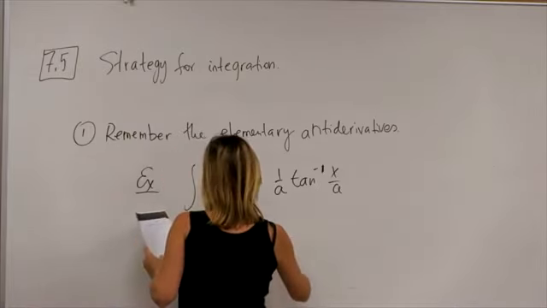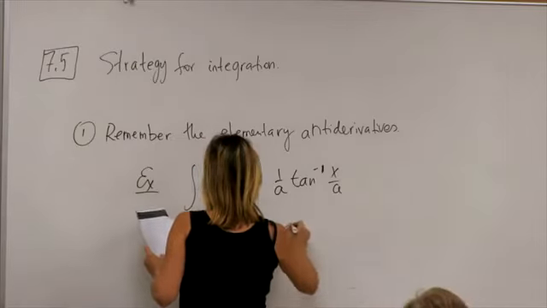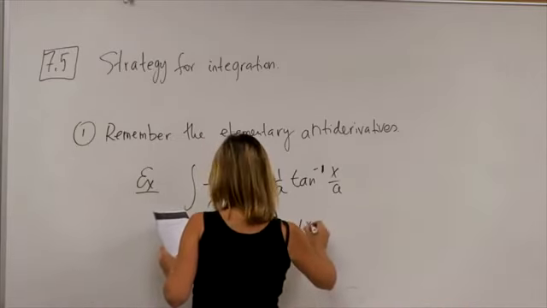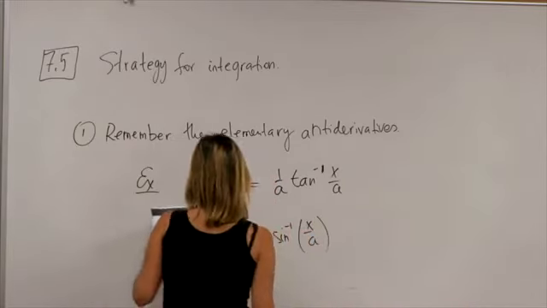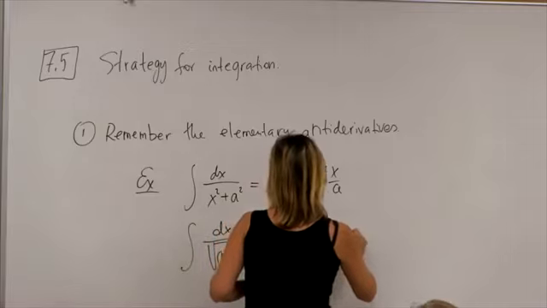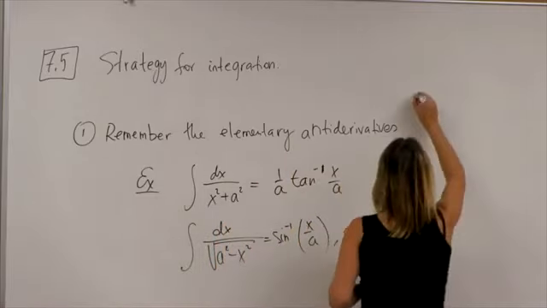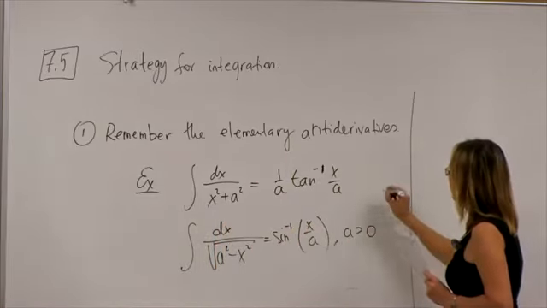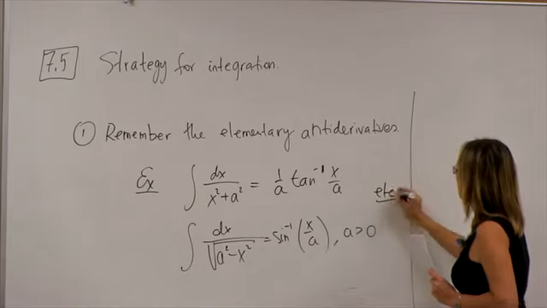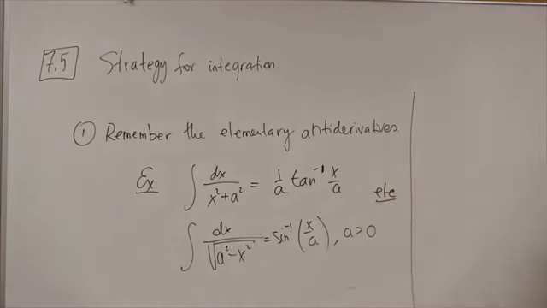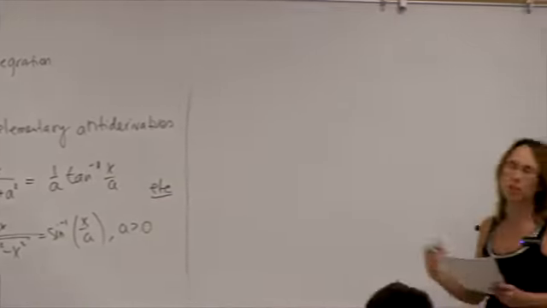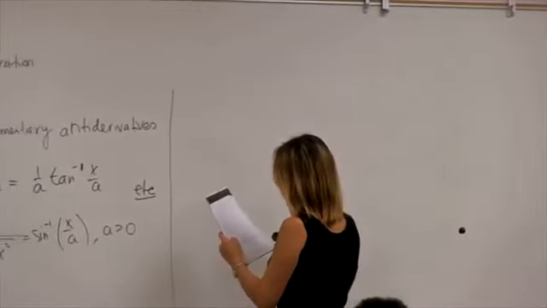That's the other famous inverse trigonometric function. Stuff like that, okay? And here I put etc. This is not the whole list, of course. You have a whole table in the book. And you know most of them anyways.